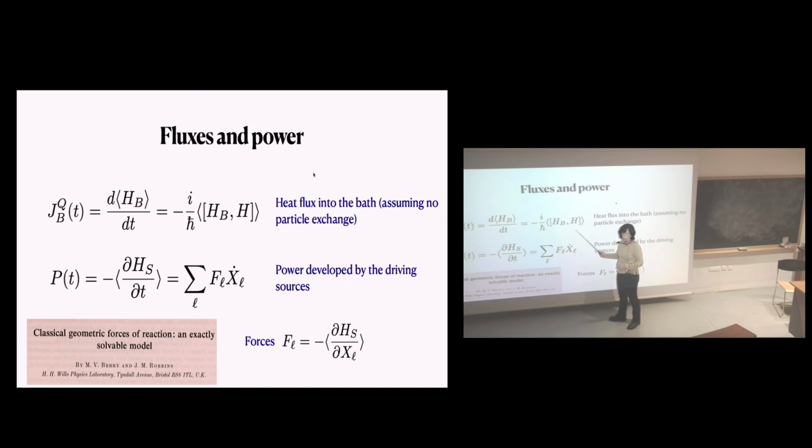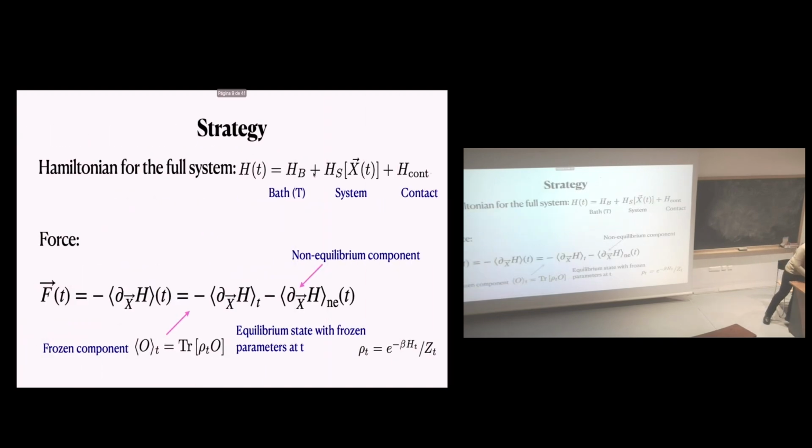So we have to take a mean value of an operator out of equilibrium, and the power written in this way contains this force, which is also an operator. So the strategy now will be to calculate these operators within some approximation out of equilibrium. This is precisely what is written here.